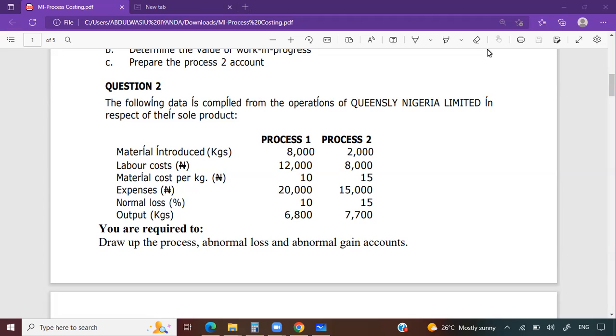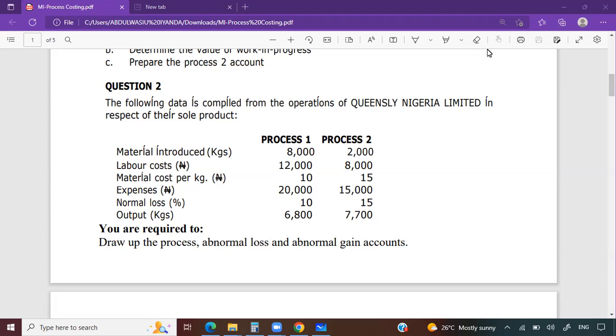Process costing is a costing method that is used when it is not possible to identify a separate unit of production or a job. Why is it not possible to identify a separate unit of production?